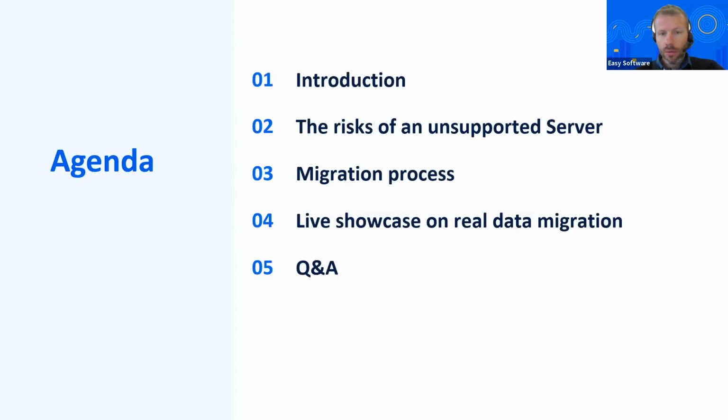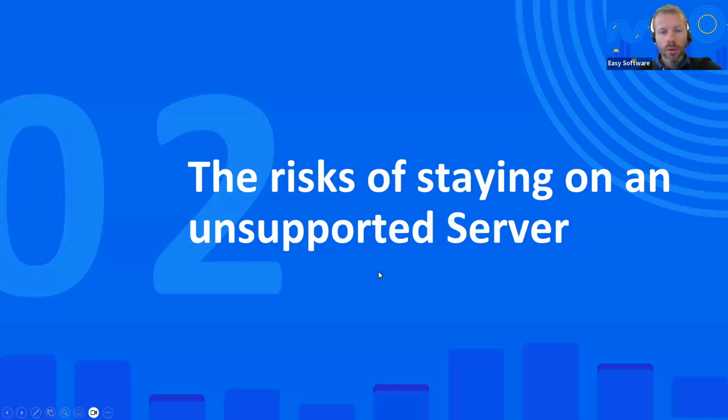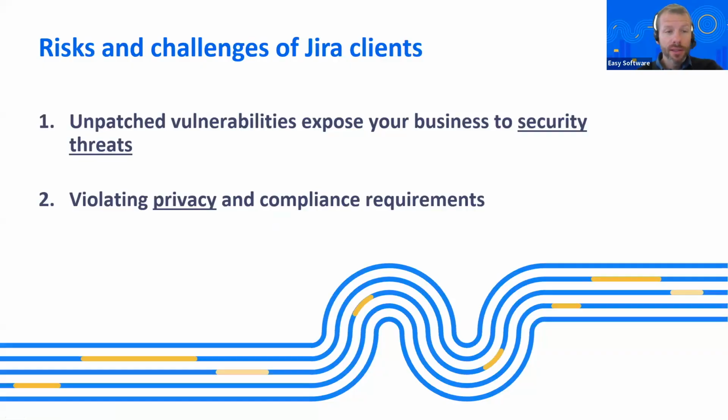So in that case, let's move on. As I'm pretty sure you are aware, within 3 weeks, if you stay on your server installing Jira software, you won't have a chance to download the latest upgrades and patches, especially to fix security issues.